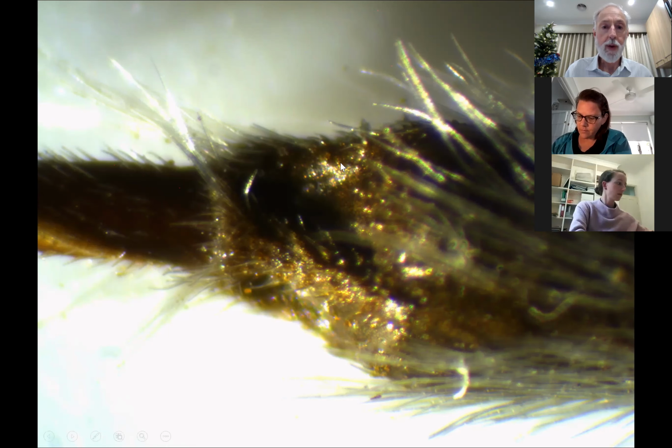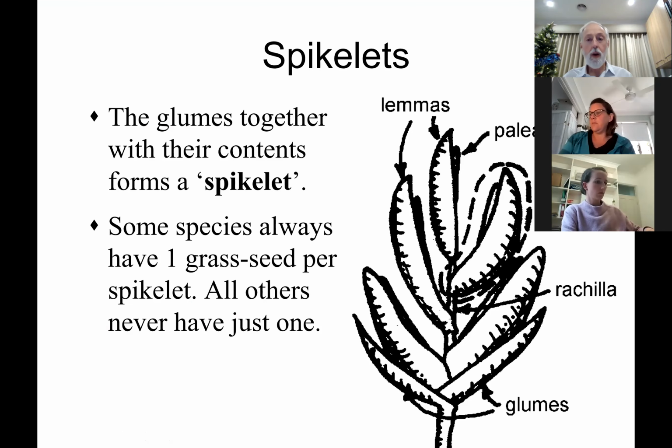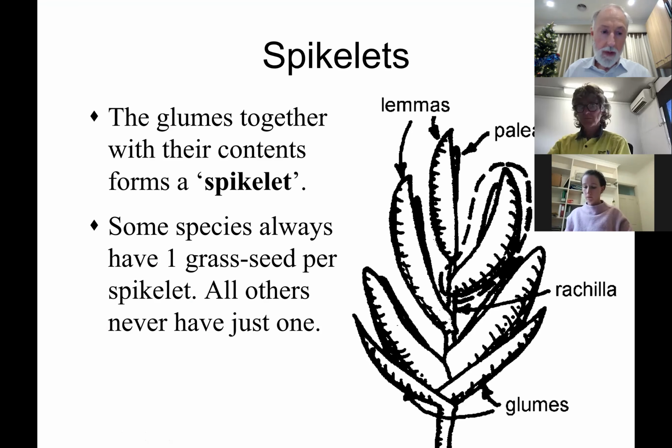Yeah, thank you. Okay. Let me now move on to the complexities that can arise in grass species that have evolved deviations from the more simpler kinds of grasses, the more ancient ones.